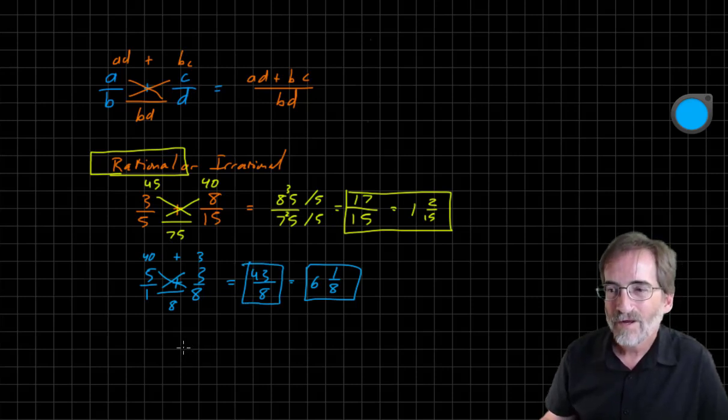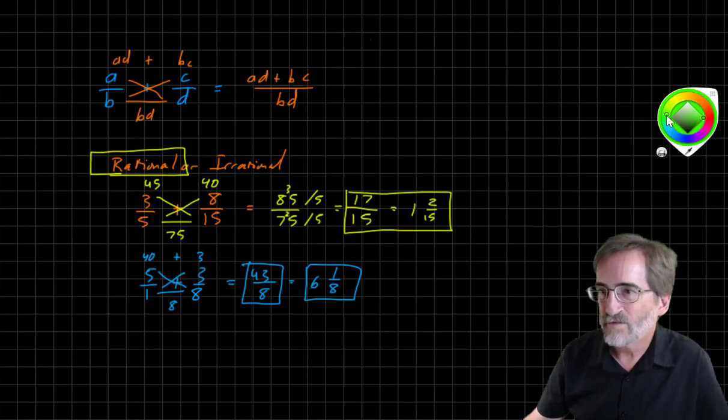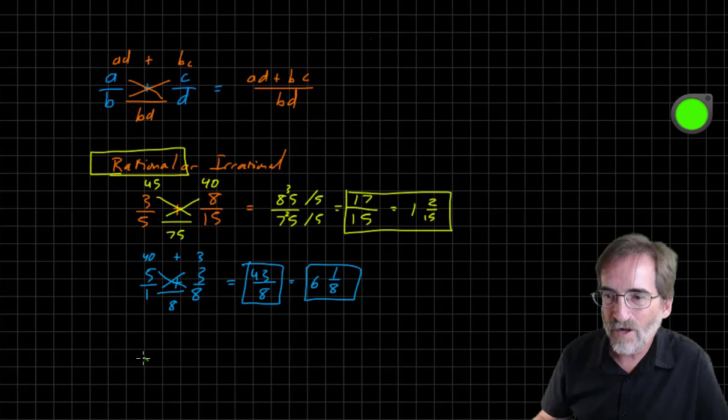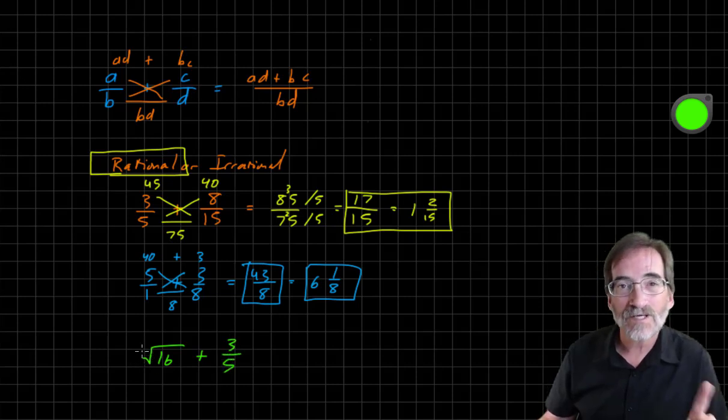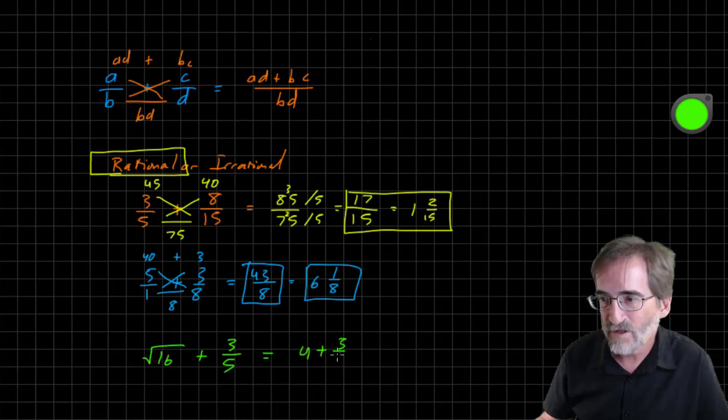Okay? And one more that you're going to be given that you need to be able to work with here. What if we have the square root of 16 plus 3/5? Well, the square root of 16 is a nice round number because 4 times 4 is 16. So this is simply 4 plus 3/5.